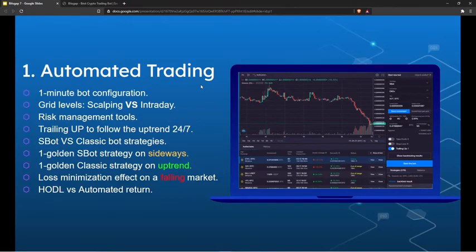But today I really want to focus on automated strategies and how you can diversify your portfolio with different strategies in order to mitigate the risk and to maximize your return. All right, so let's go.